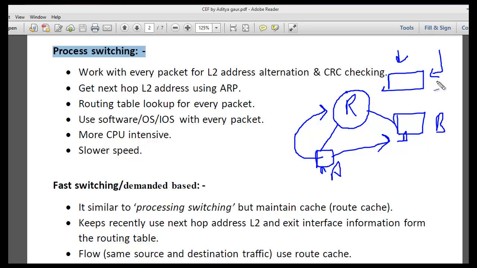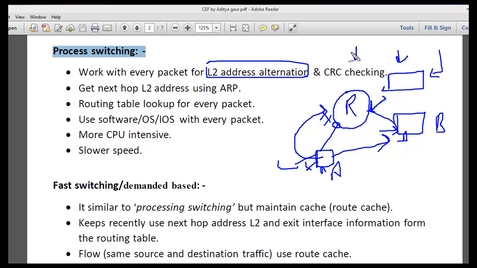It alters the layer 2 addresses. While computer A is sending that frame, it puts the MAC address of computer A as the source and the MAC address of the router as the destination. Your router strips off the source MAC address as well as the destination MAC address, and attaches the source MAC address of this interface and the destination MAC address of this computer.